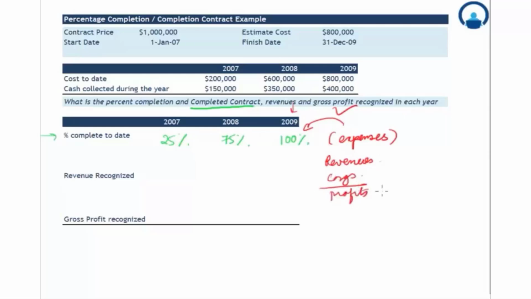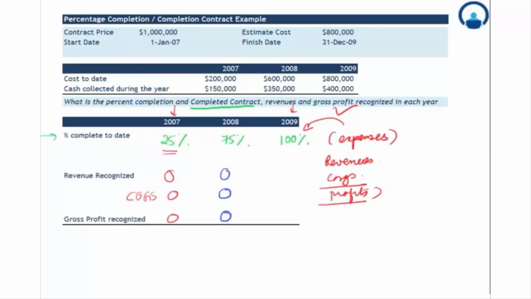So here when we talk about 2007, we have noted that this is only 25% complete. So revenue recognized will be zero, and cost recognized will be zero. So gross profit will be zero here. For 2008, again the same thing will happen. Here revenue will be zero, cost will be zero, and gross profit will be zero.